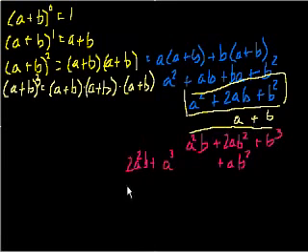And now let's add up all of the terms. All we did is the distributive property again, right? We multiplied a times all of these terms and then added that to b times all of these terms. If we add it all up, let's put the a cubed first. That's a cubed.